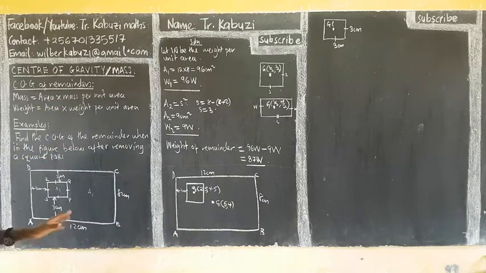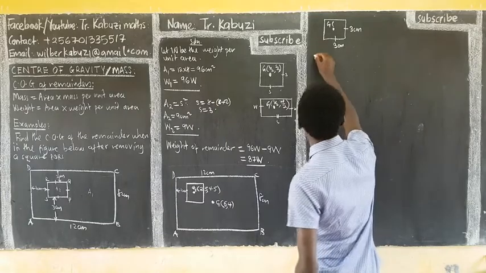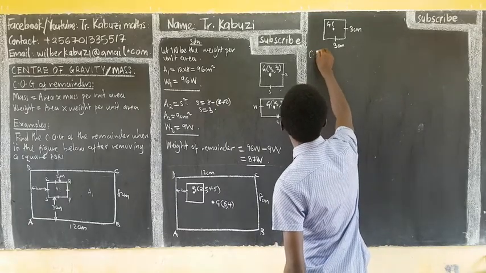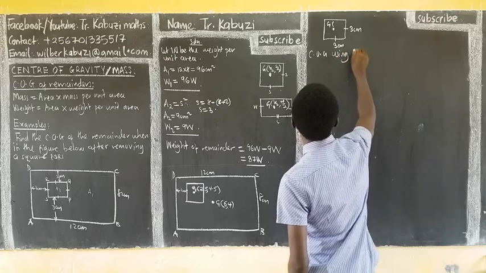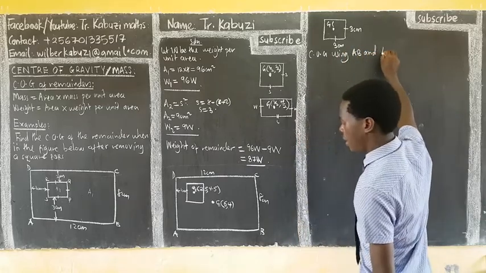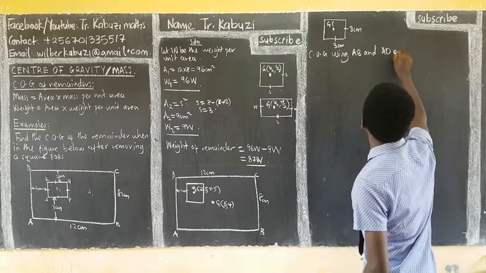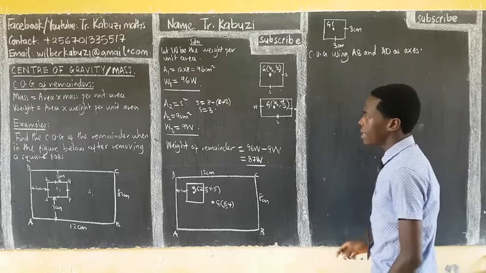So, center of gravity using AB and AD as axes, as simple as that.